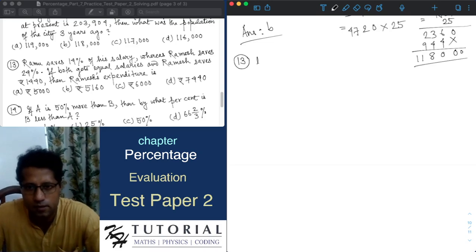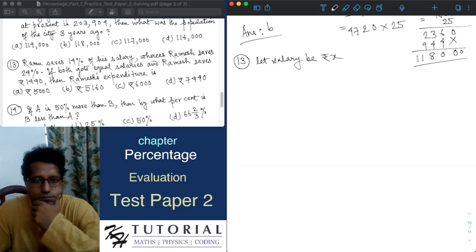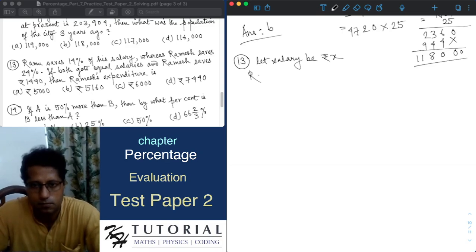So let the salary be rupees X. Now Ramu saves 14% of his salary, and Ramesh saves 24% of his salary.